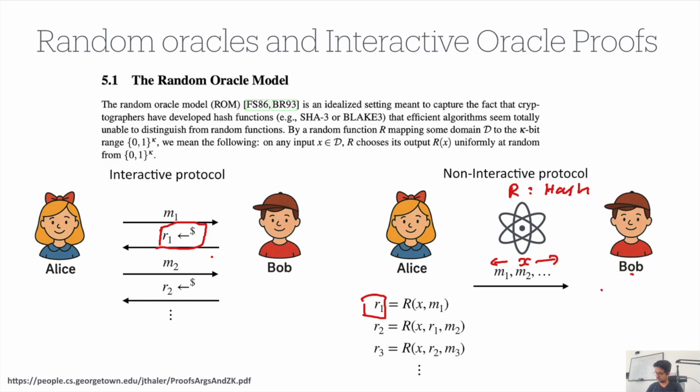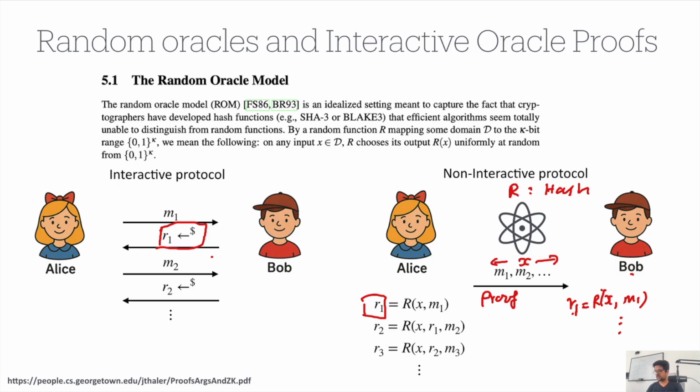He knows the public value and has the set of messages, and then he can generate the randomness himself in the same fashion. Generally, these M1, M2 are the proof that's sent by Alice to Bob, and Bob generates the same randomness that Alice would have generated, and you have a consistent protocol.